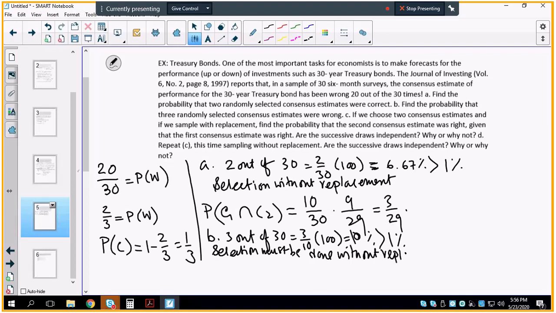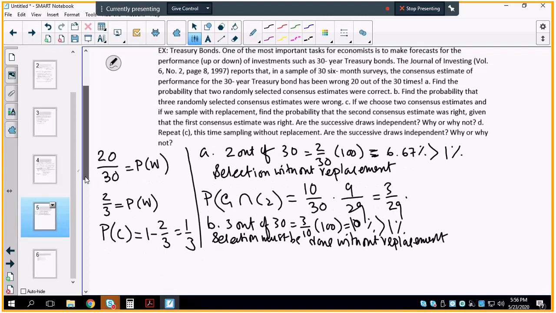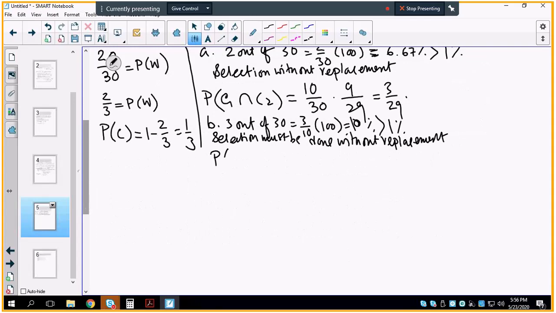We will cross it that way. And we will say probability. This time I want all of them to be wrong.